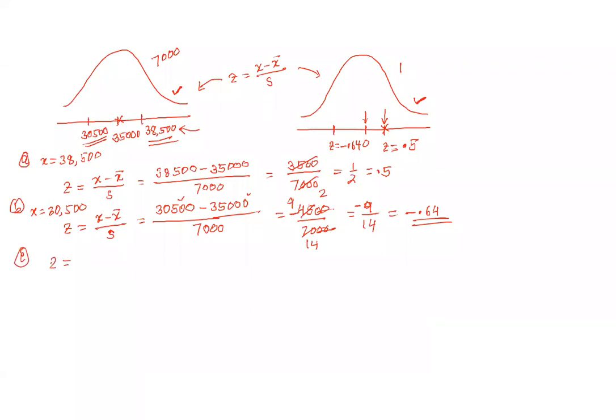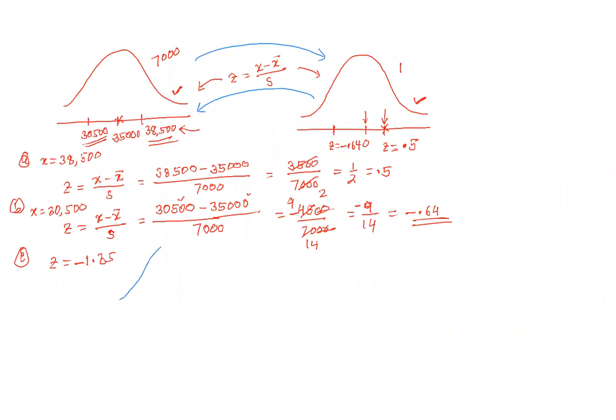Someone that has a Z-score of negative 1.35. What is the corresponding income? Now, this is slightly different, and let me draw another diagram for this so that you guys get a feel for it. In this one, we went from the normal distribution to standard normal distribution. But in parts C and D, we are going to go from standard normal distribution to normal distribution. So you're going to go from here.